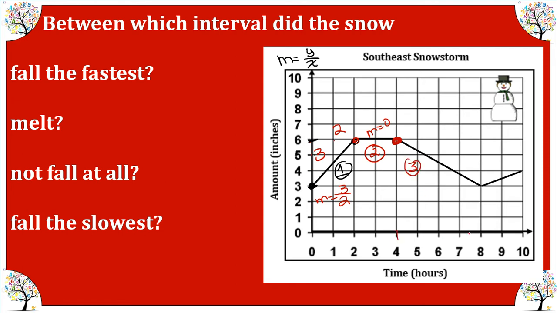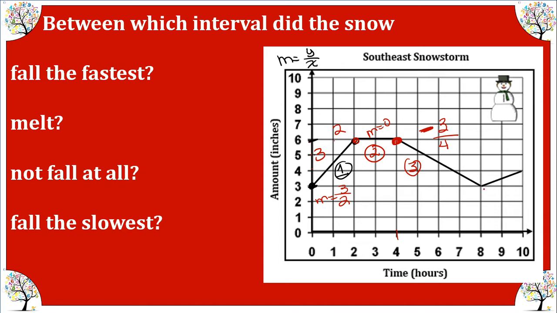That's over the next 4 hours, and that goes in the denominator. It went from 6 inches down to 3, so it went down 3 inches over 4 hours. Now this negative just indicates that it decreased, okay?